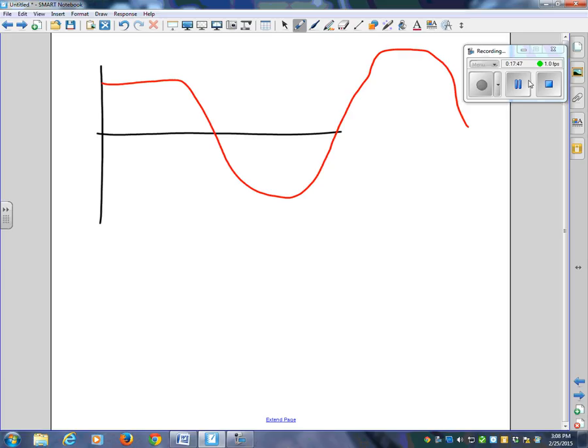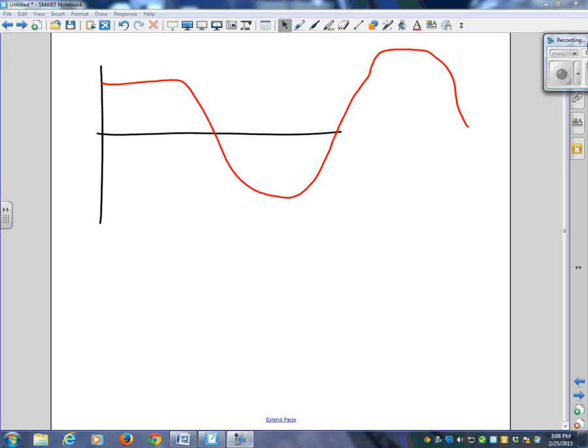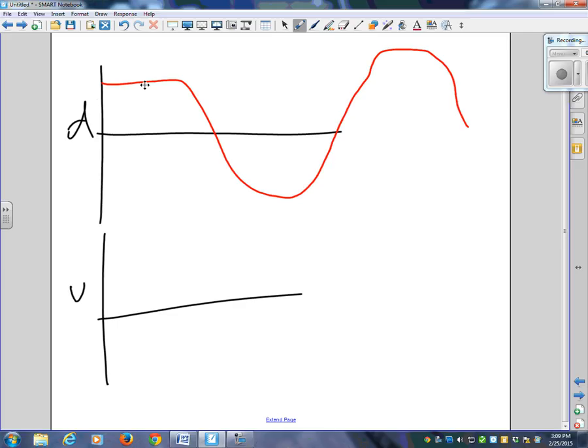Kind of something like that, right? So this is the dt and this is the vt. All right, so the dt graph is flat, which means it's stopped, right? Stopped, and the velocity is 0 to that point there.